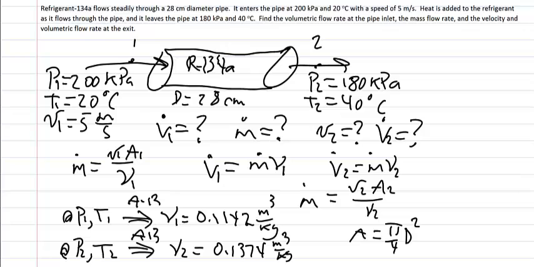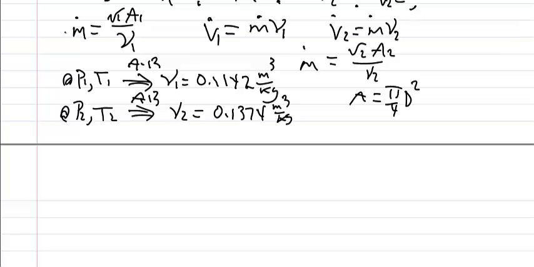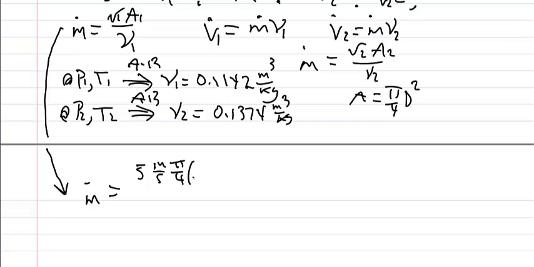So now let's go ahead and solve this problem. With the given thermodynamic property data, we'll begin with the mass flow rate. So mass flow rate is the velocity, which is given as 5 meters per second, multiplied by the area, so pi over 4 times the diameter squared. We're going to convert 28 centimeters into 0.28 meters, so the units work out properly.